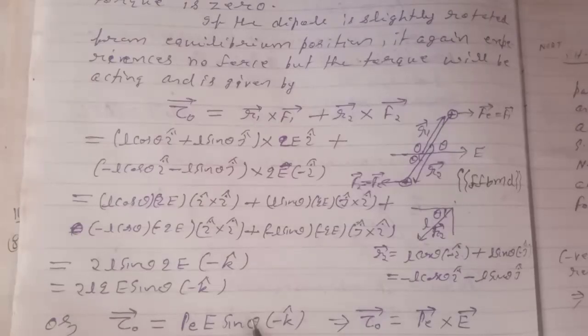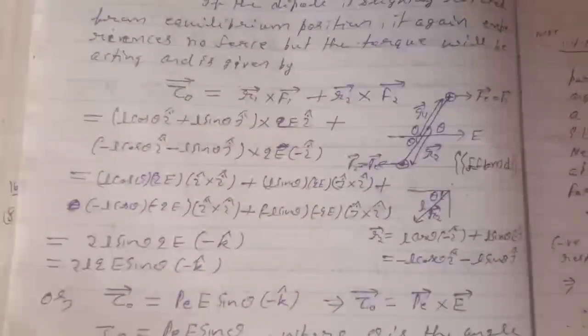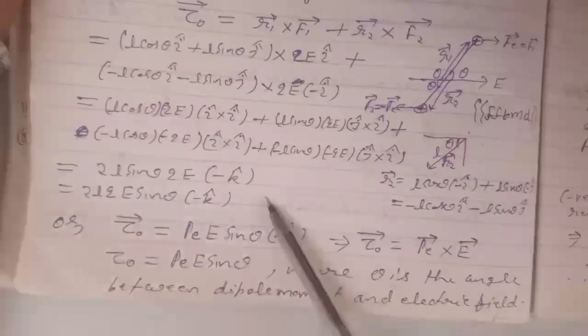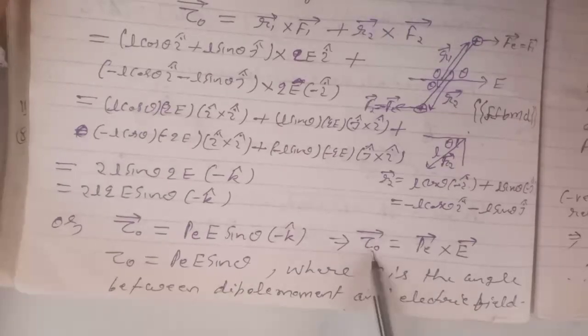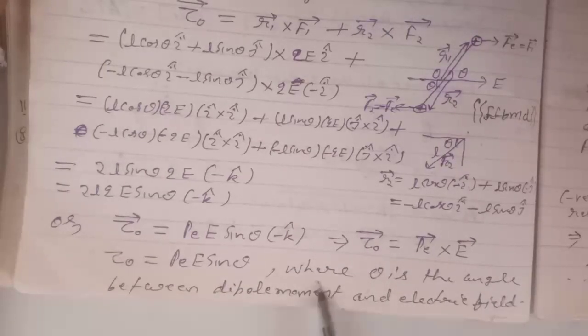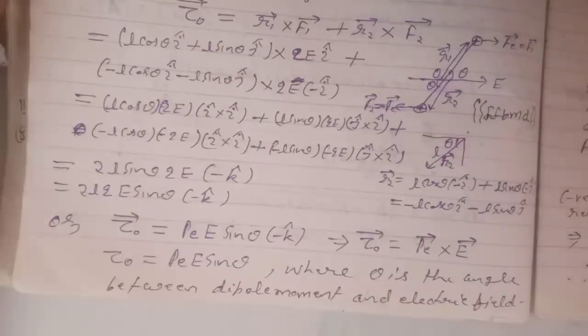So the magnitude is tau equals P E sin theta, where theta is the angle between the dipole moment and the electric field.